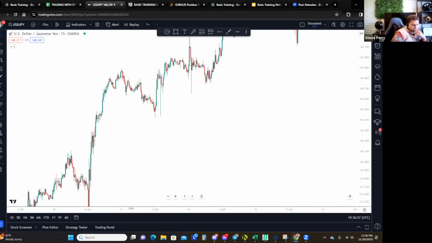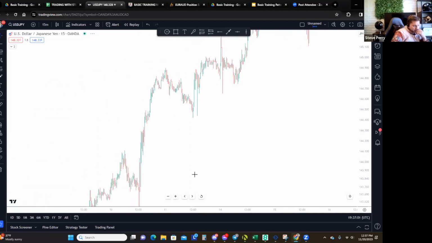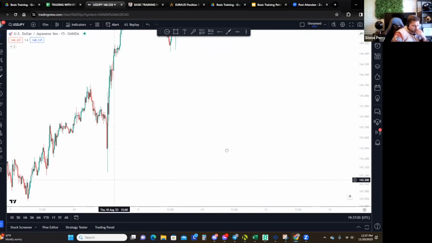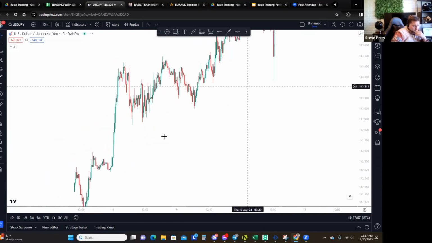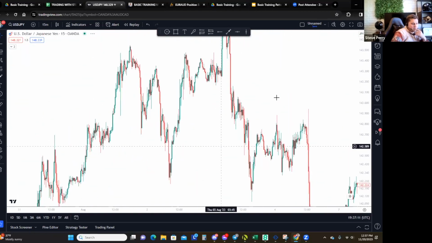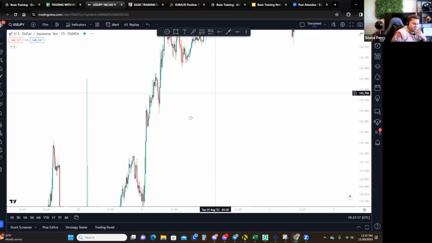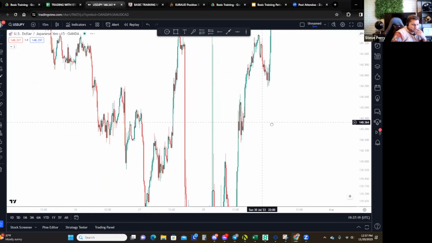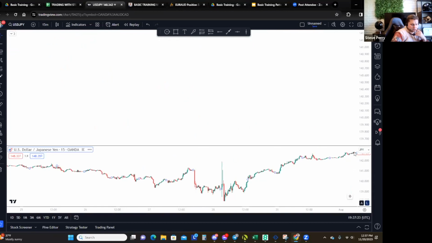Is this one? No. Give me 1 second, guys. I'm just trying to find a good one for you. That's a nice little flag pennant pattern going on right there. Oops.